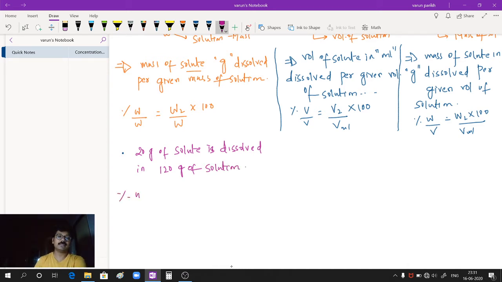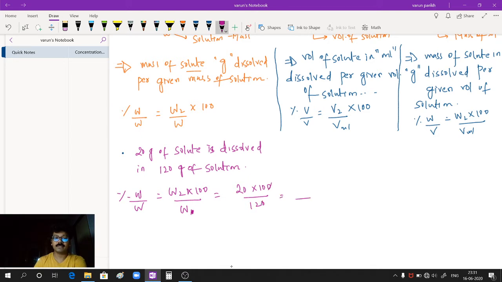Mass percentage, W by W, is equal to mass of solute multiplied by 100 divided by mass of solution, not solvent. So here W2, that is 20, multiplied by 100 divided by 120. Whatever answer comes, that will be the mass percentage.